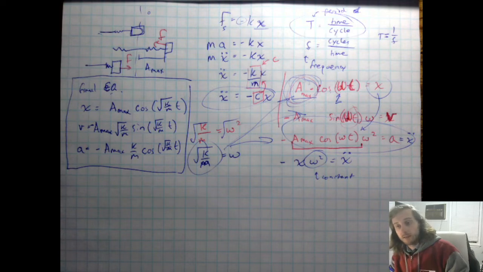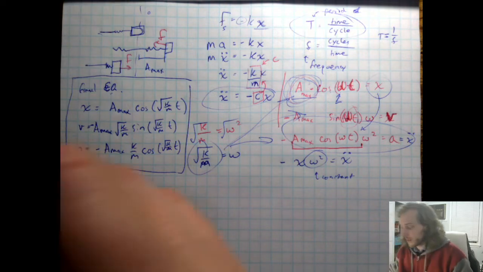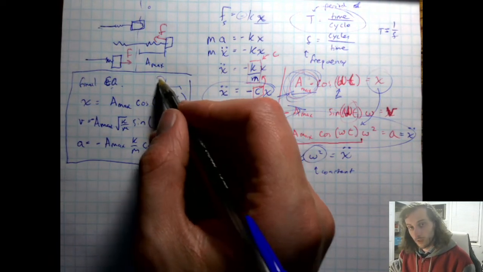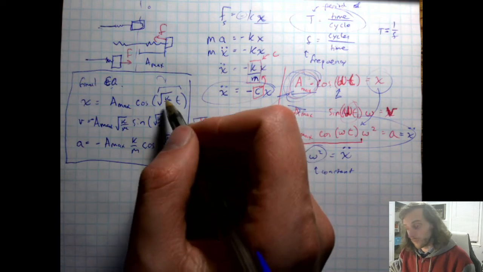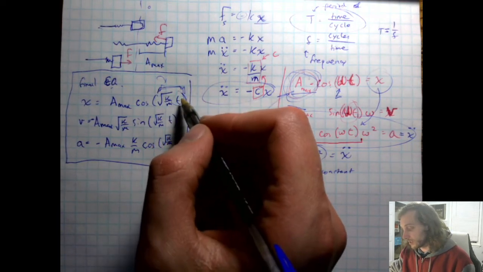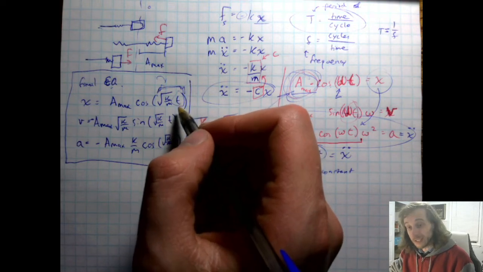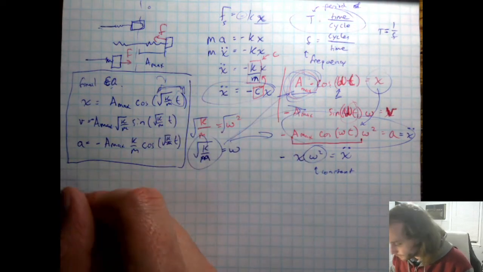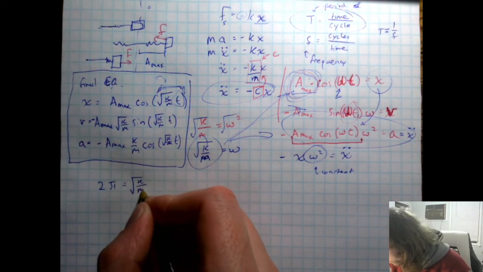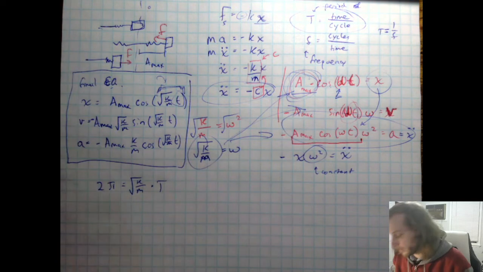And so that means that the amount of time it takes to finish needs to be such that if we plug that time in for t, we will get 2 pi. So whatever's inside the cosine function, when we plug in t as our period, needs to equal 2 pi. So 2 pi will need to equal the square root of k over m times our period.